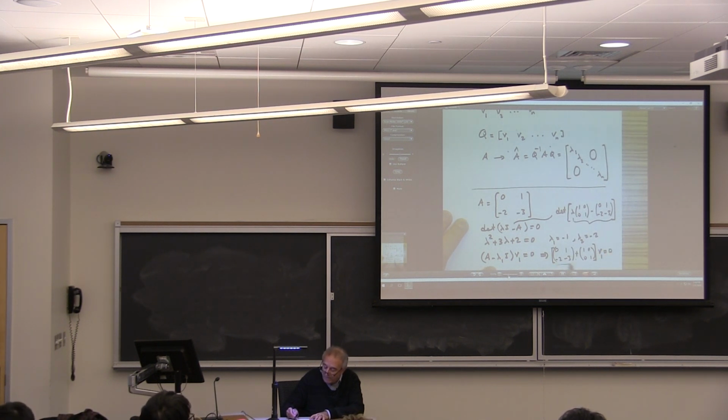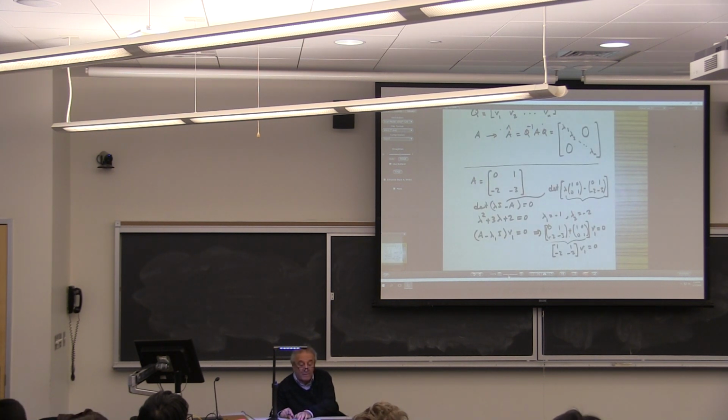So therefore, this equation here becomes 1, 1, minus 2, V1 equal to 0. Aha! Determinant of this matrix is equal to 0, right? Therefore, the rank is going to be 1. Okay. The rank of this matrix is equal to 1. Determinant equal to 0.